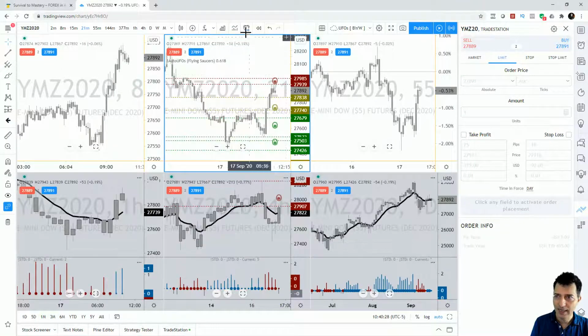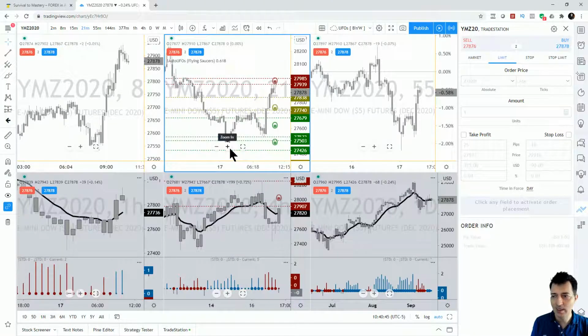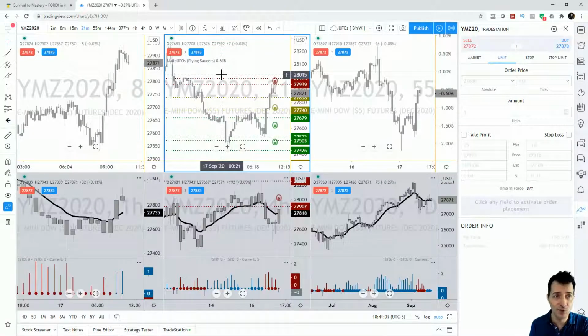Now let me tell you that if you are using an Android phone or an iPhone, you can go ahead and download and install the TradingView app on the phone that looks exactly the same. The beauty of the app on the phone is that it mirrors exactly what you have on your computer. If you draw a line on your computer, then you turn on the phone and the line is there. If you draw a line on the phone or you make a note on the chart on the phone, then you go home, you turn on the computer, and the line is there because it's totally synced.